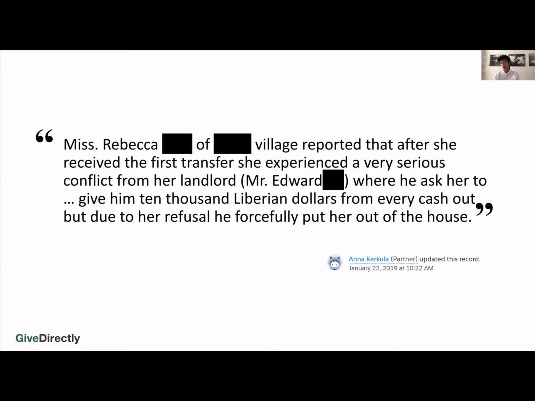Or what if the extortion, the fact that she has more cash has put her in even more vulnerability, and that actually leads to her failing on the summative evaluation as well. She ultimately is not able to make more money, doesn't actually get more income because her living situation is now unstable.